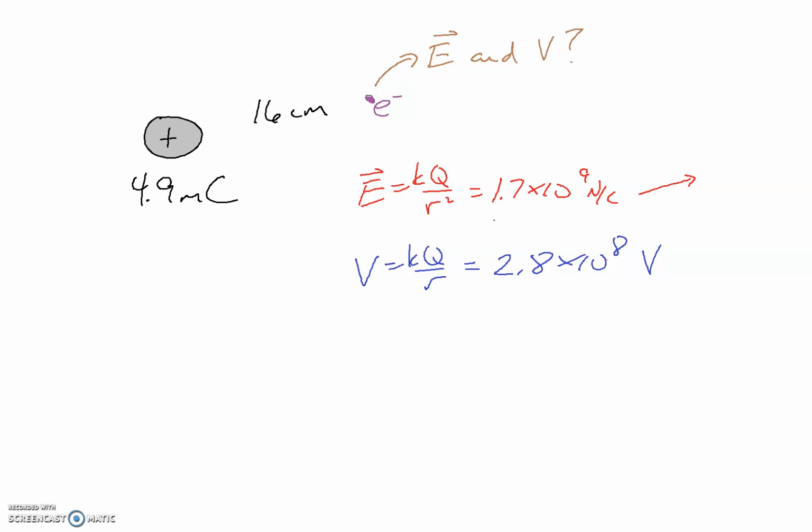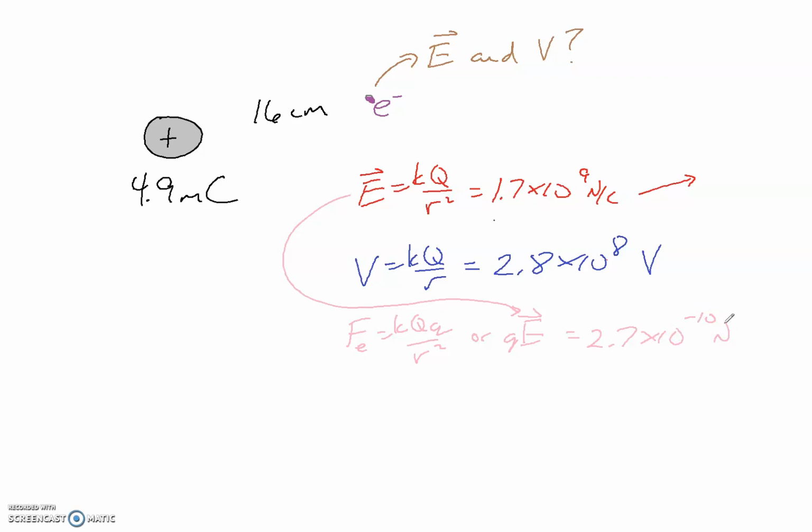Now to find the force would be kqq over r squared, so I can do it that way. Or I can just use qE, doesn't make any difference, and I would use that E value right there to calculate the force on that electron. So if I do that, either way, we will get around 2.7 times 10 to the negative 10 newtons.